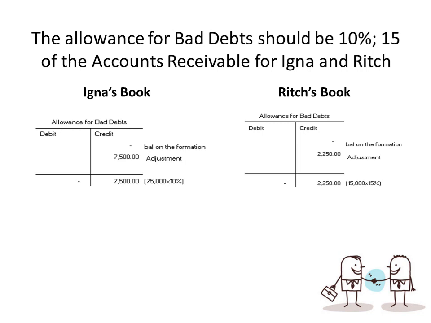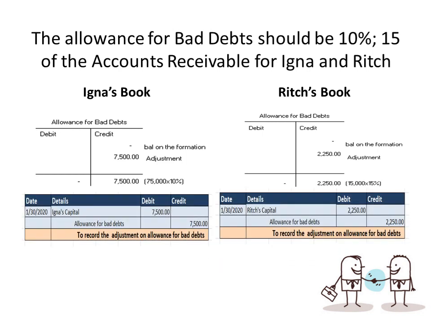But take note, if it is 10% of sales, what we will get is not the allowance for bad debts. Instead, we will get the bad debts expense, which is an income statement account, but this one is a balance sheet account. Next, for Rich we have 15,000 accounts receivable times 15%, which is 2,250.